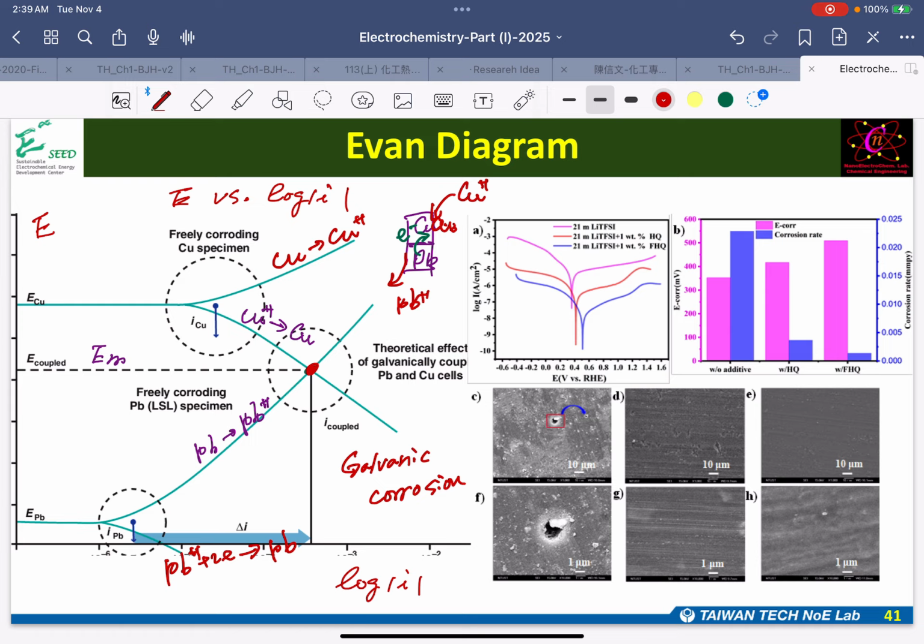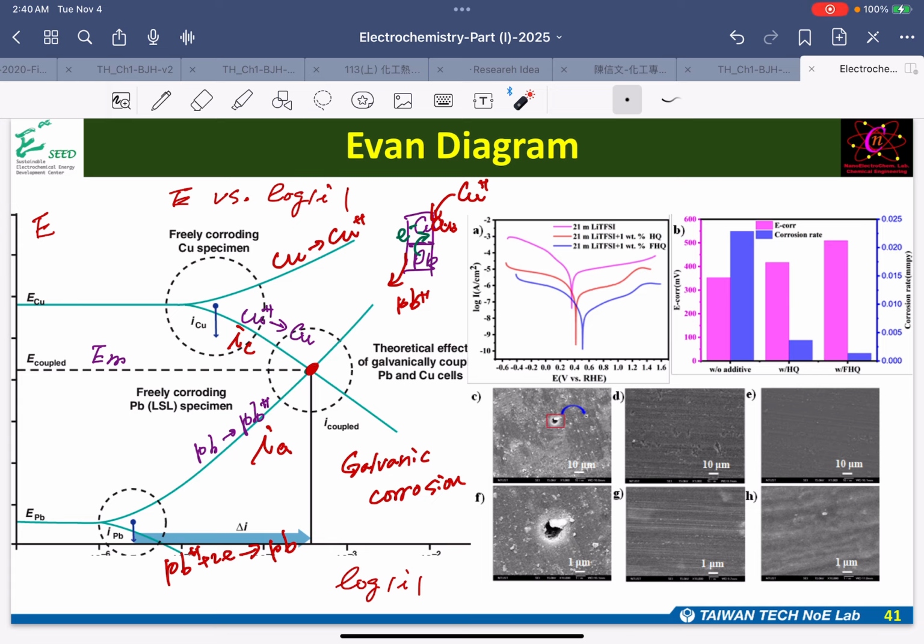It means the oxidation current, this is the IA, right? The oxidation current is equal to this IC, the copper reduction current, at this condition. So this potential we obtain at the electrode surface. With the two currents, one is the oxidation current, IA, and one is the reduction current. Both are equal but in different directions.